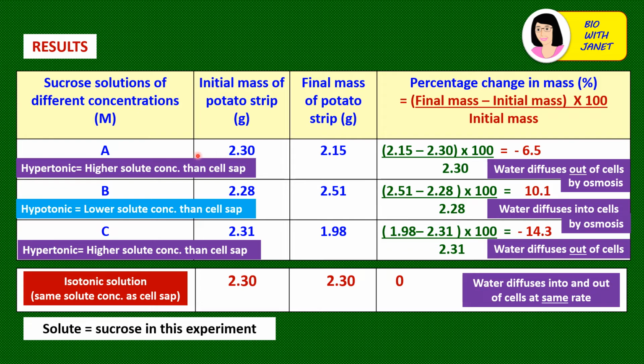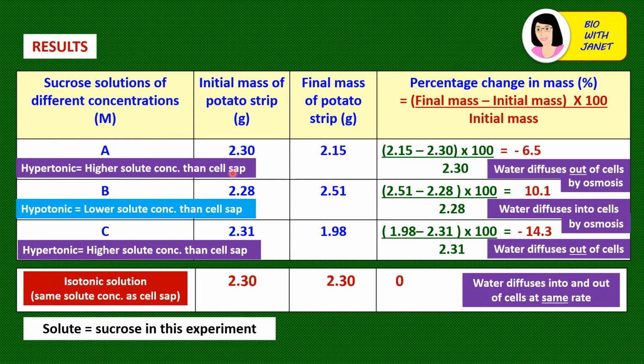So it means that the sucrose solution in which the potato strip was soaked is a hypertonic solution, that means a more concentrated solution, having a higher solute concentration than the cell sap of the potato cells. In this case, the solute is sucrose. So when the potato strip is soaked in A, we say that A is hypertonic to the cell sap of the potato cells.